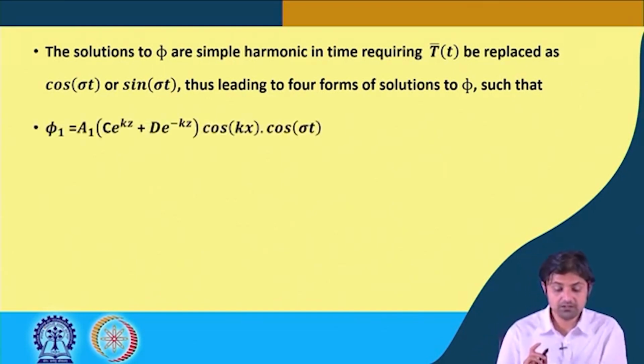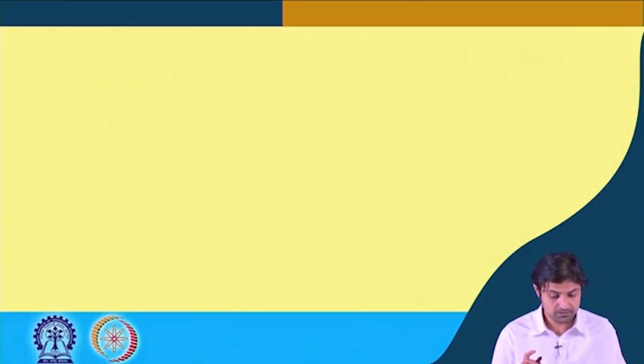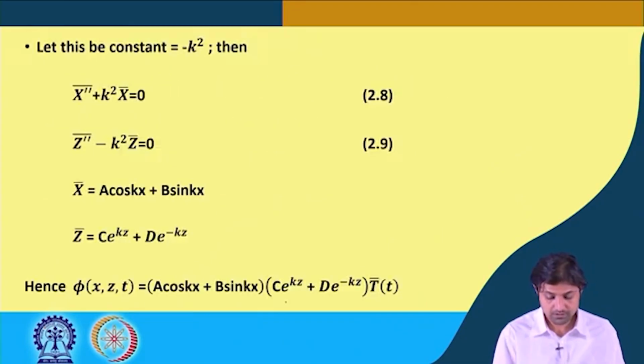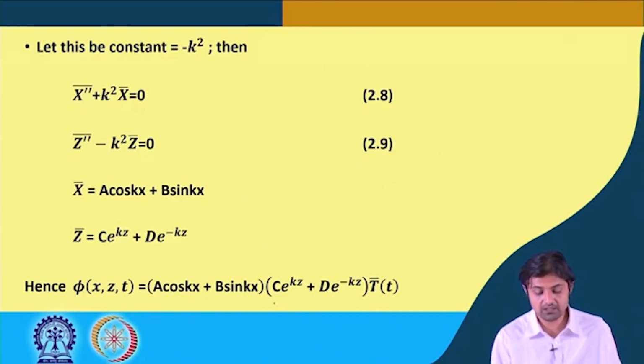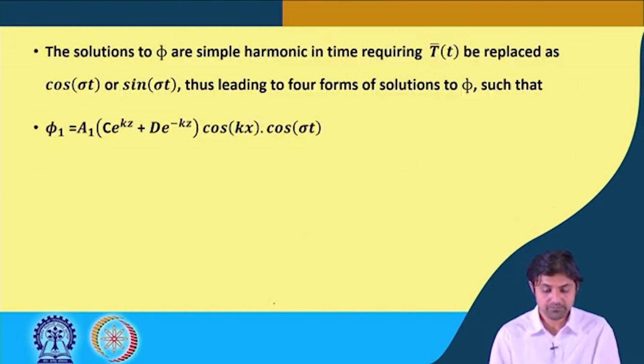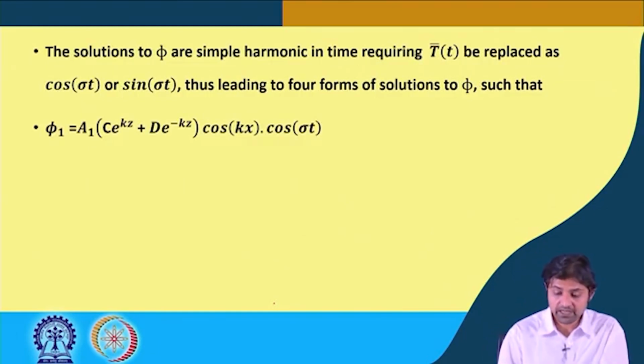One will be a cos kx multiplied by sin sigma t, the other would be a cos kx multiplied by cos sigma t, the third would be b sin kx multiplied by sin sigma t, and the fourth one would be b sin kx multiplied by cos sigma t. So, we can write 4 different terms.